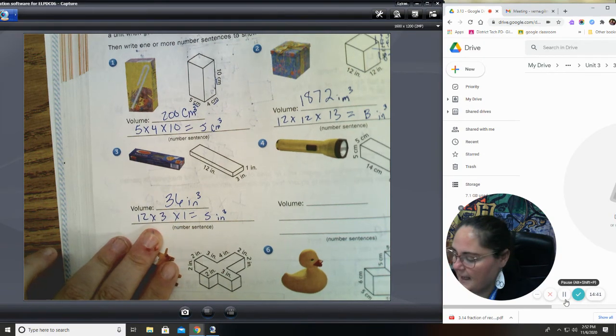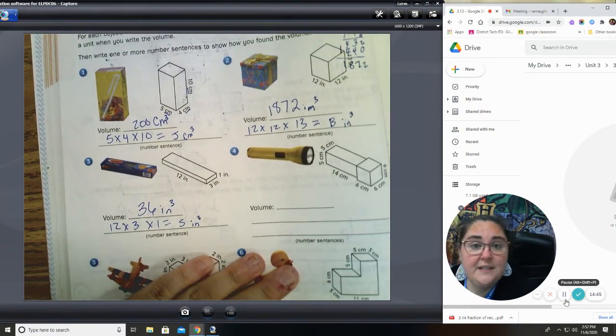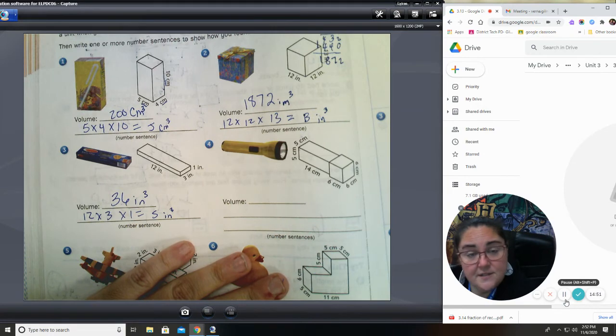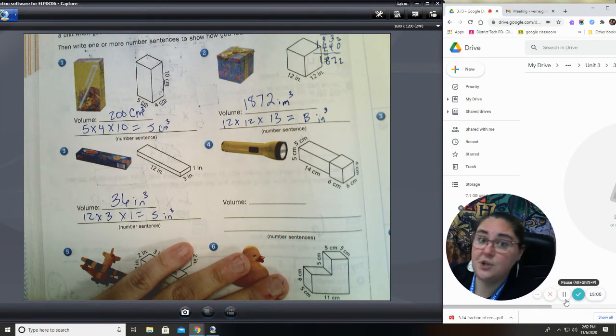Okay? Number 4. There are 2 lines, which means that you need to tell me both number sentences. What number sentences should we use? This is a multiple choice question, so you need to check both number sentences. Don't be tricked.